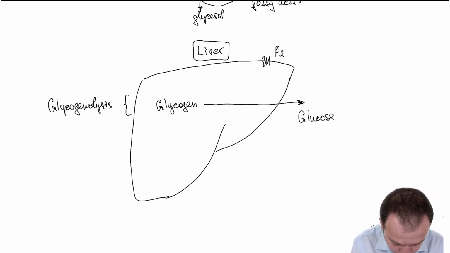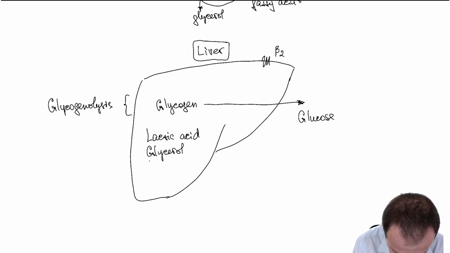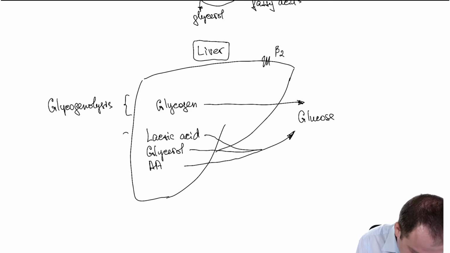And also liver is able to utilize lactic acid, glycerol, and amino acids in order to synthesize glucose. And this process is called gluconeogenesis.